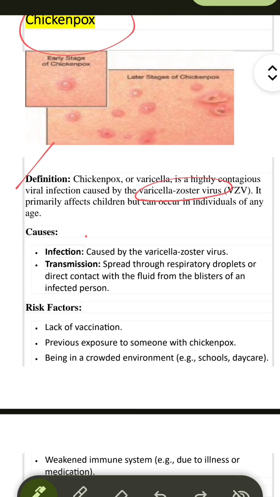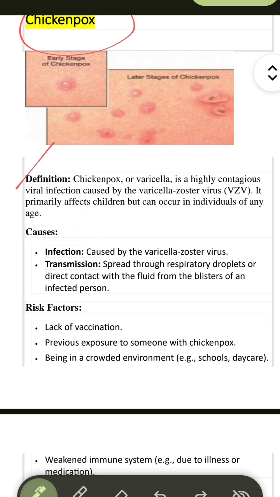It primarily affects children but can occur in individuals of any age group. So next we'll see the causes.